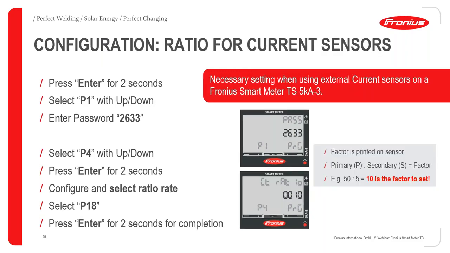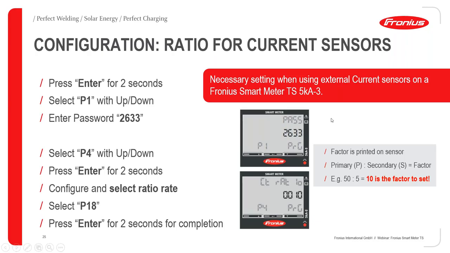The second thing where we need to configure the smart meter is for the 5 kiloamp smart meter TS when we have the current sensors installed. Because current sensors, there are loads of it on the market, and of course they're all different regarding current ratio, and therefore we need to set the correct one.